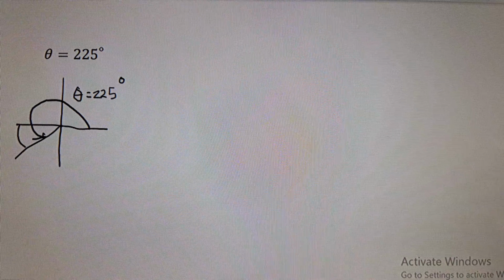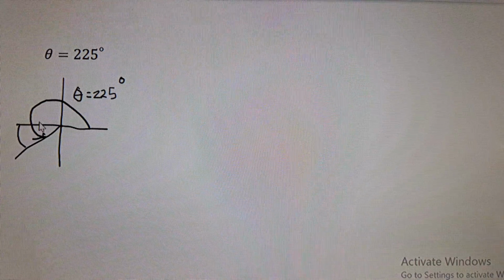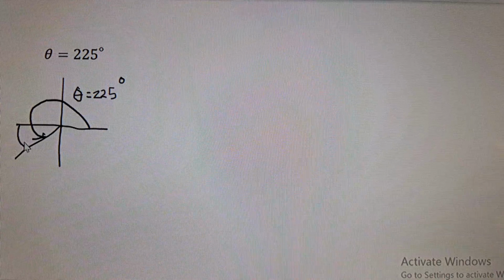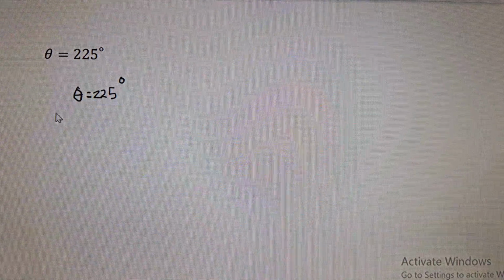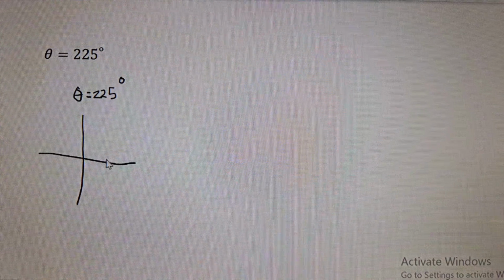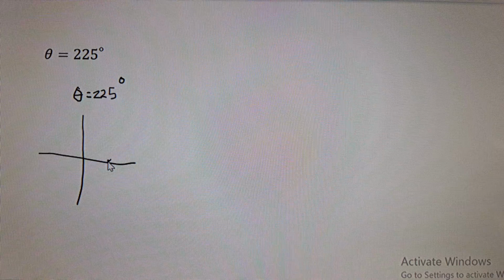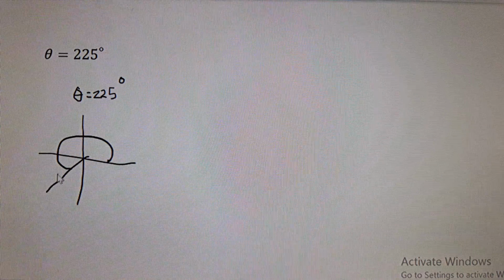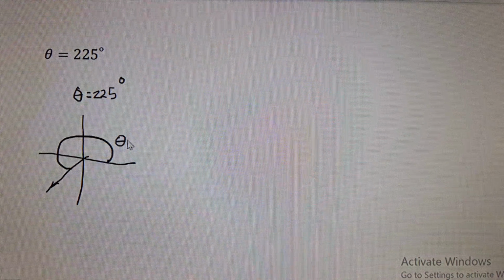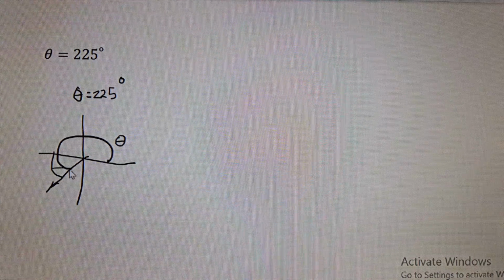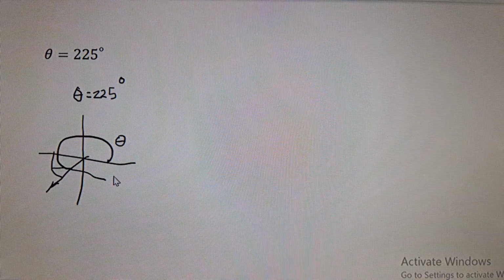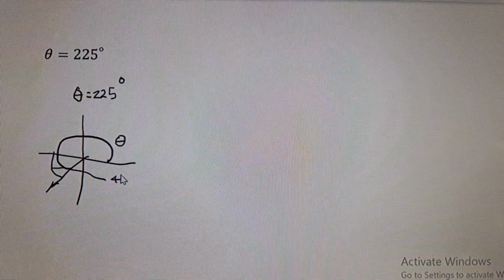The reference angle would be that one. Theta, and the reference angle would be, well, 225 minus 180, that would be 45 degrees, wouldn't it?